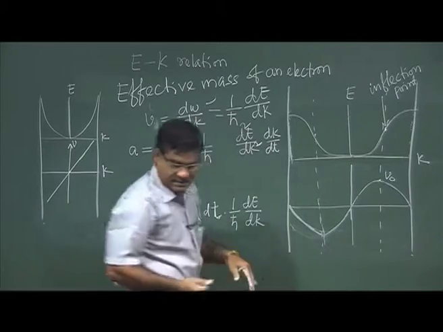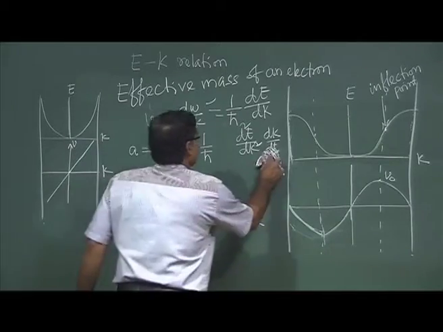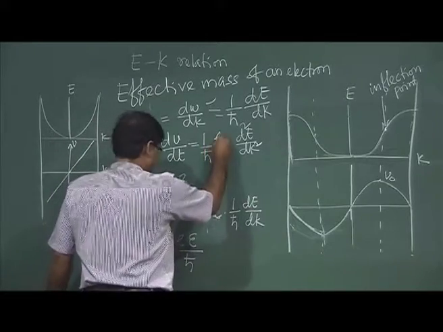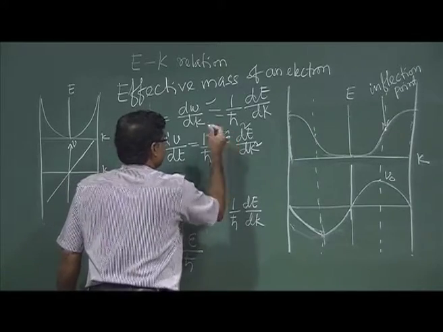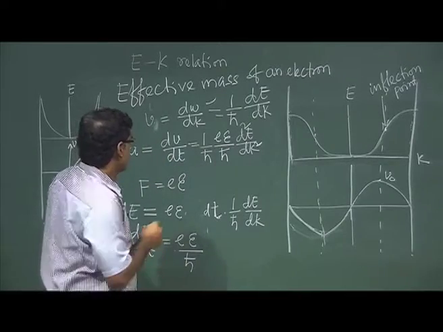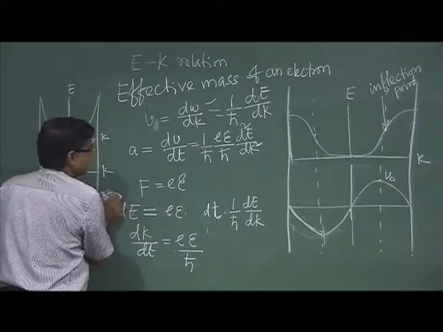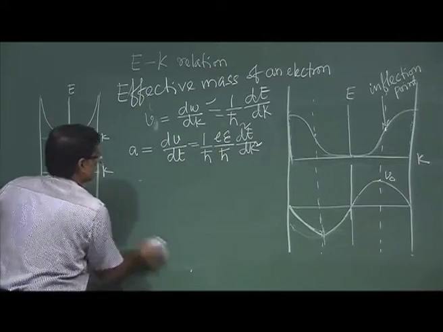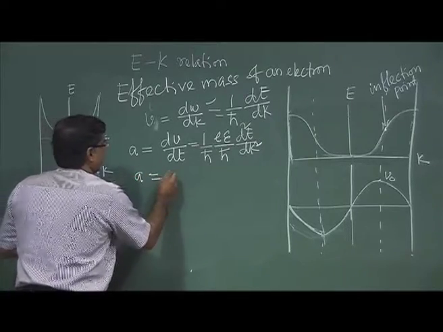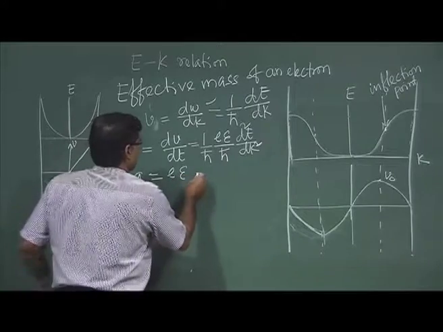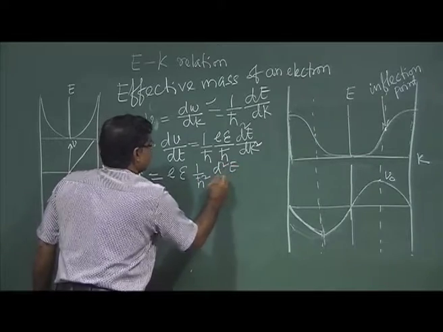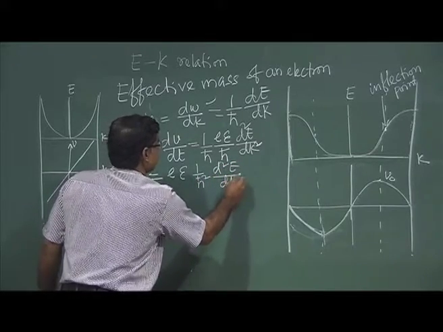So, now I can replace this dk by dt by this term, eE, the electric field, divided by h cross, right. So, we are getting the acceleration A equal to 1 by h cross square d2E by dk square, times eE by h cross, okay.